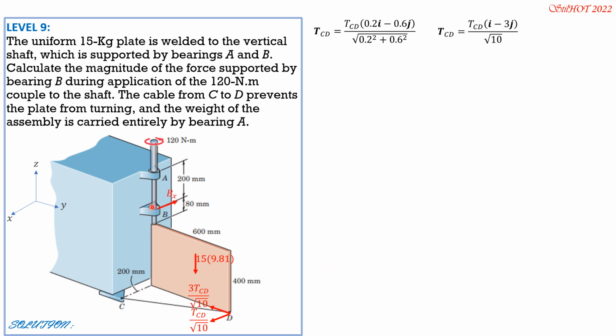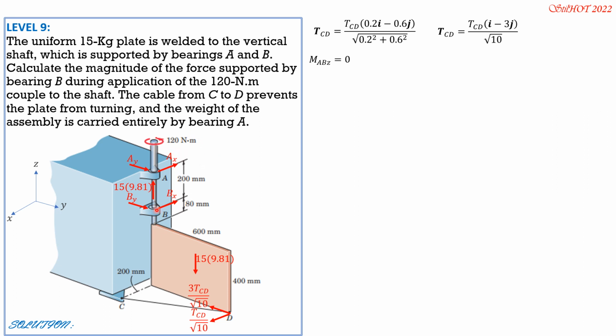Then at B, we have BX and BY only. At A, we have 3 reaction components, AX, AY, and AZ, where AZ is the weight of the system, which is 15 times 9.81 as mentioned in the problem, and AX, AY. So to solve for the tension in CD, we set moment about the AZ axis or AB to 0.